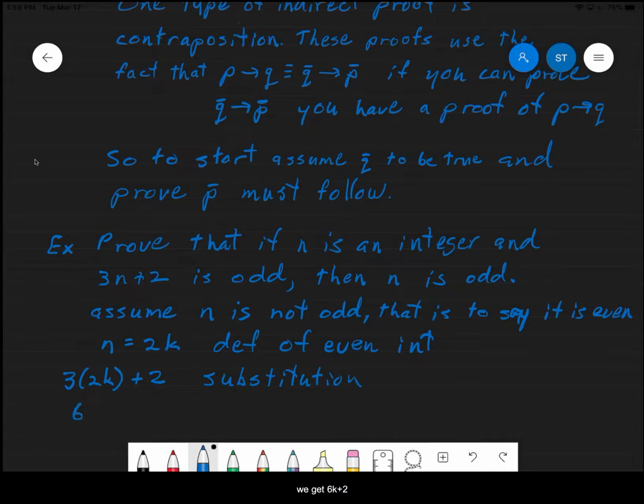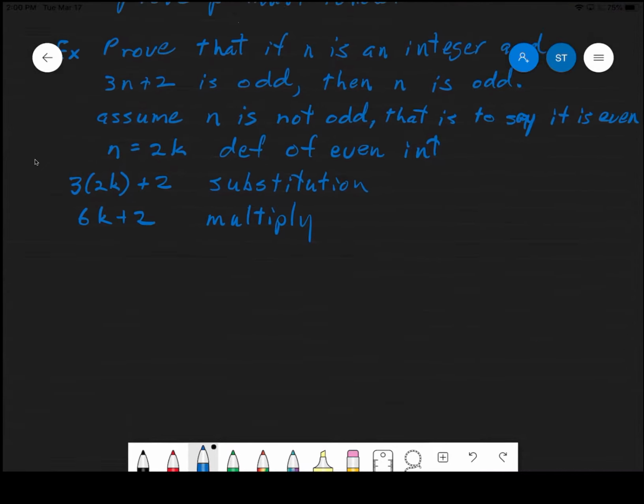Multiply it out, we get 6k plus 2, and then all we have to do is factor a 2 out, and we get 3k plus 1 in the parentheses. This is simply factor. Notice that on each step I'm giving the justification for being allowed to take that step.